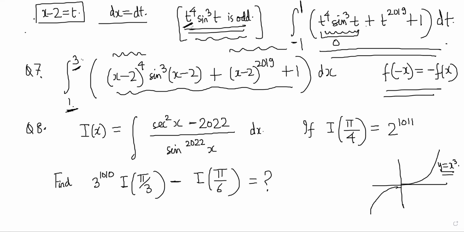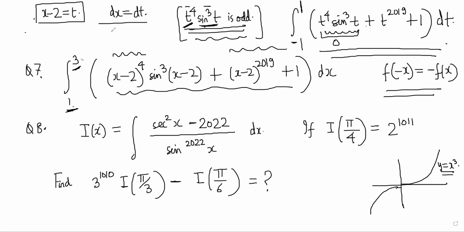T power 4 will obviously be even because it is even power, right? Yeah. Sine theta is an odd function because sine of minus theta is minus sine theta, right? Yes, sir. So sine cube theta is also an odd function, right? Yes, sir. So when you multiply even function and odd function, overall function will be odd, right?